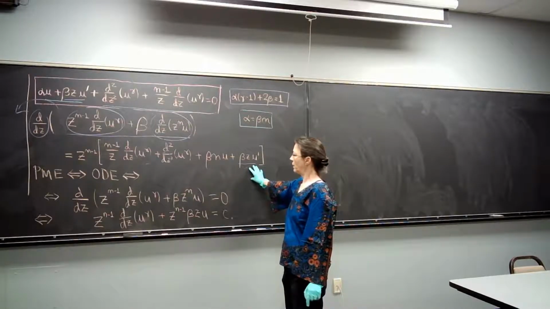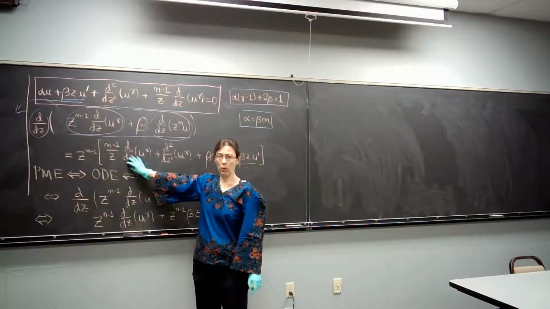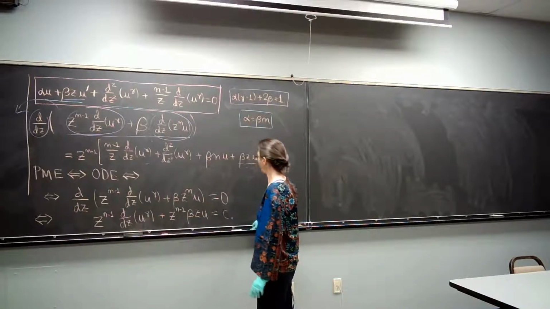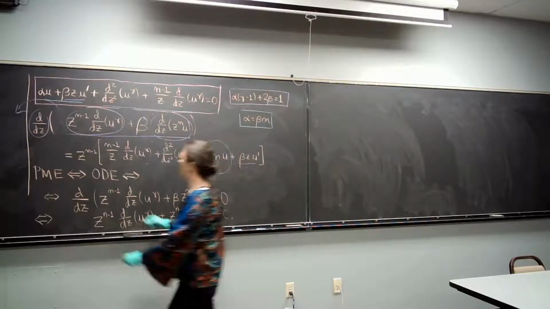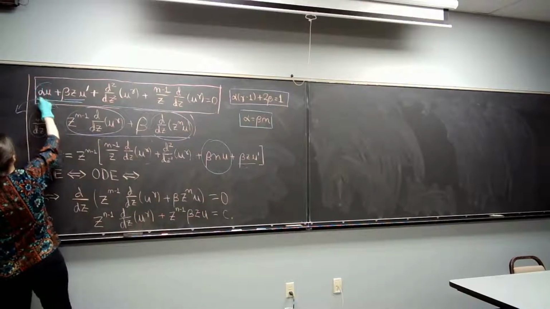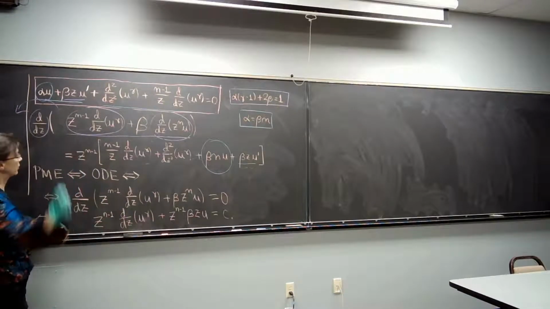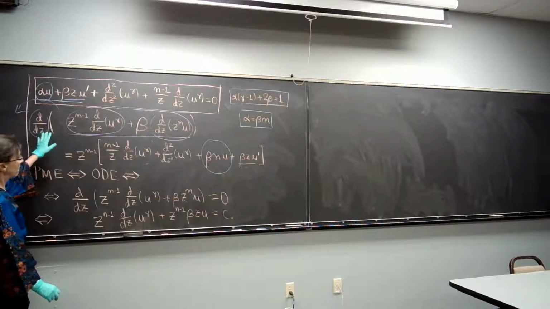This looks pretty good. There's only one more choice that has to be made for my u terms to match up. Remember, alpha and beta are still, well, beta just got chosen. Beta didn't get chosen yet.